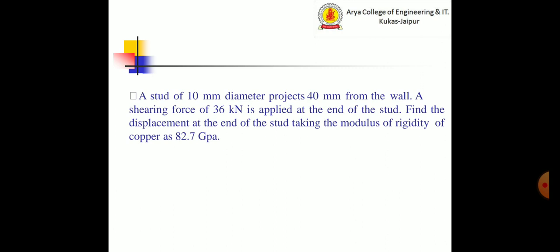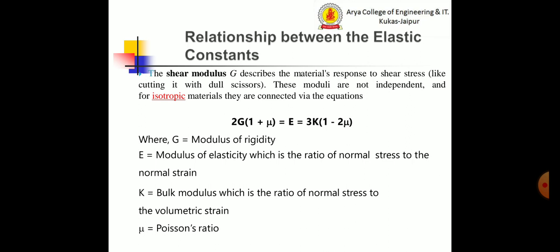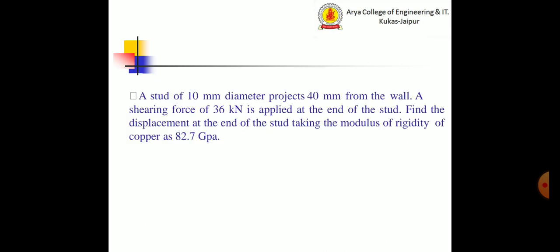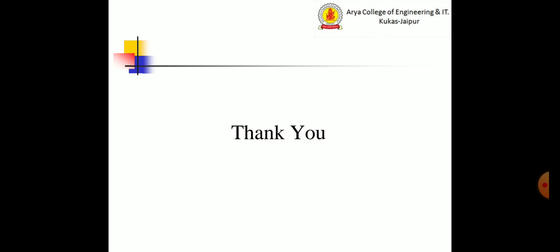The area is from the 10 mm diameter, so we can calculate the cross sectional area, and the force is given as 36 kilonewton, so we can calculate tau from here. G is equal to tau upon phi. So this is the G, and we can calculate phi. Thank you.